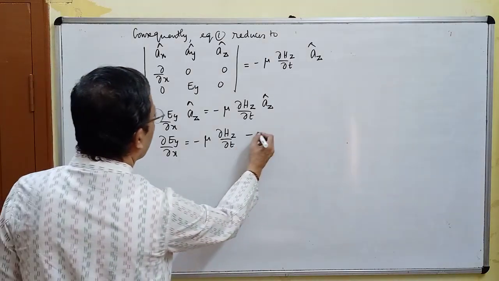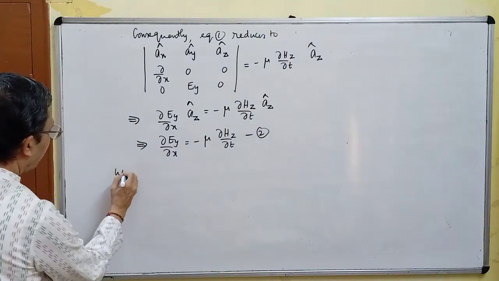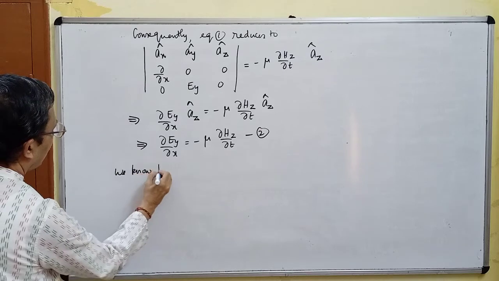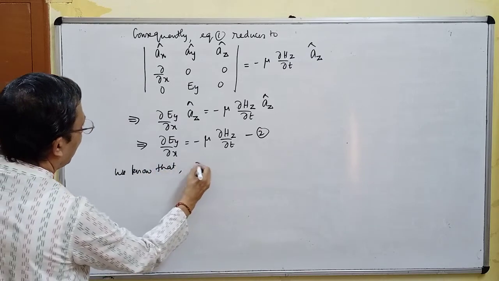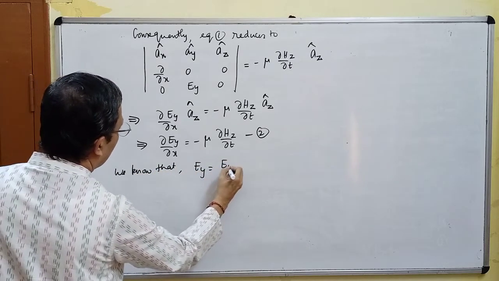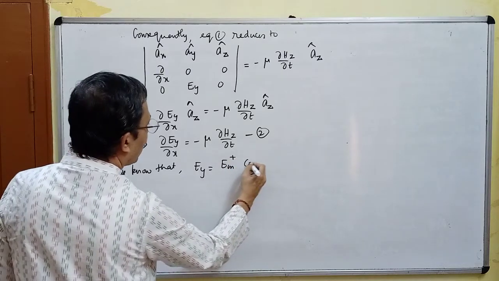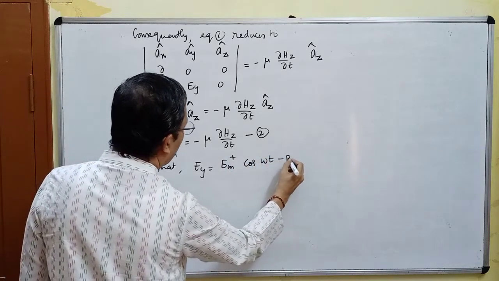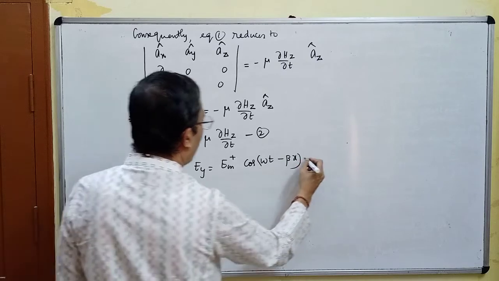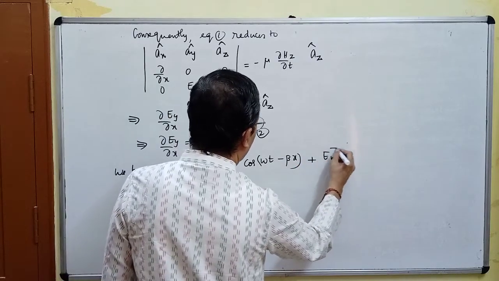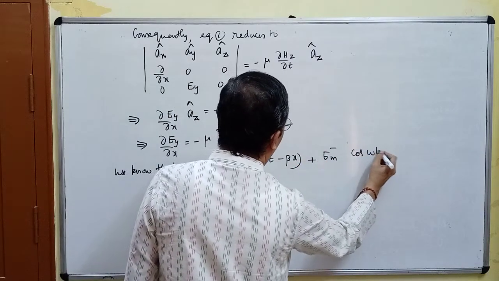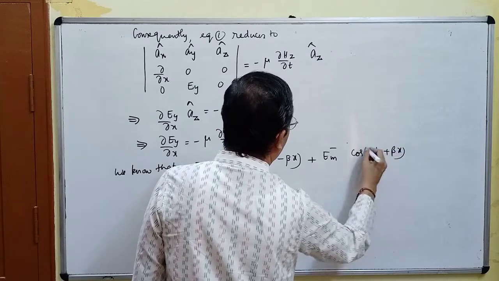This I call equation 2. We know that Ey is equal to Em+ cos(ωt − βx) plus Em− cos(ωt + βx).